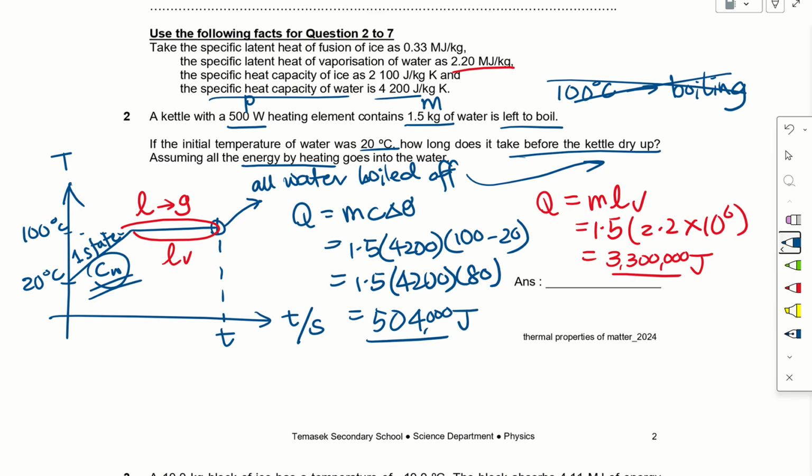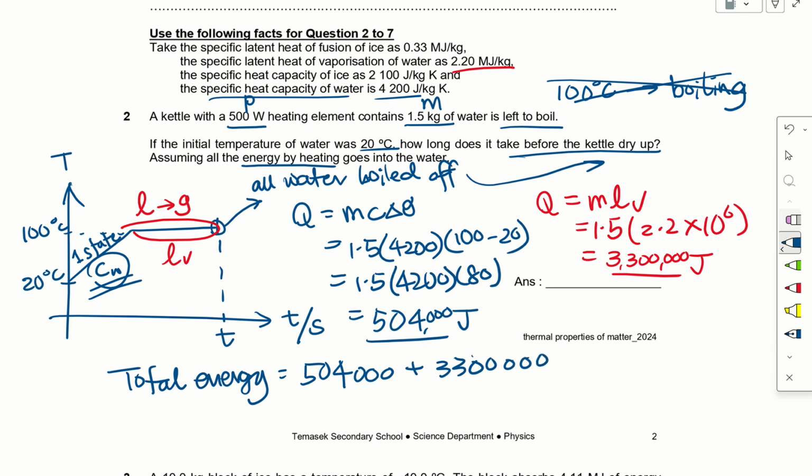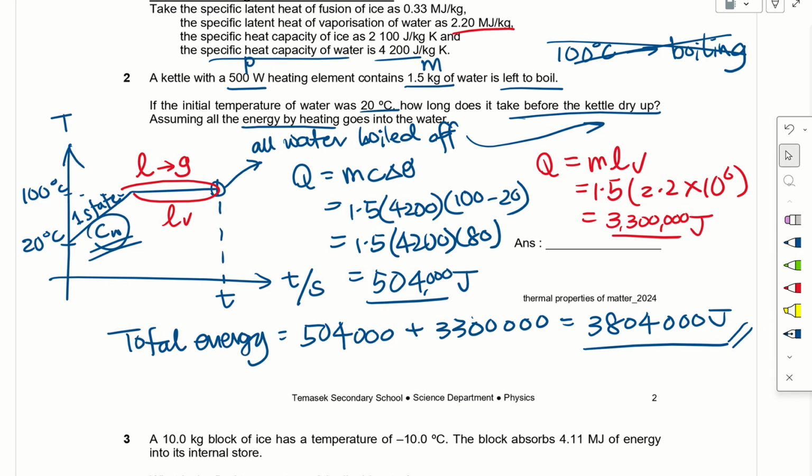The total energy will be 504,000 plus 3.3 million joules. This will be the total energy required, assuming that all the energy is transferred to the water.